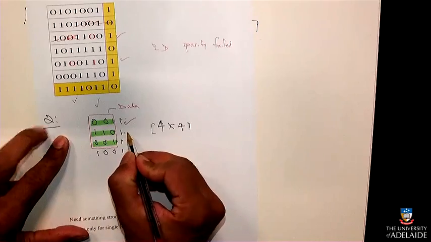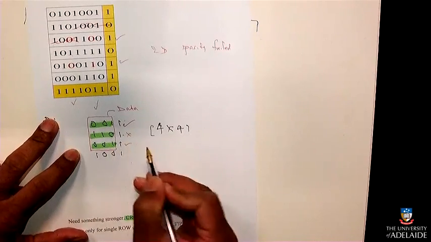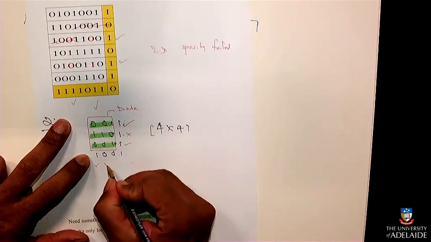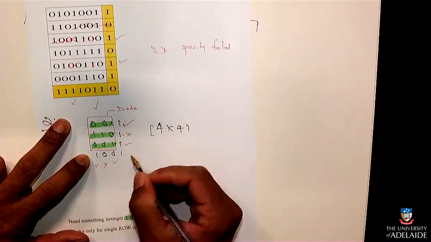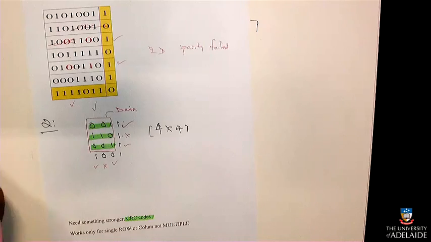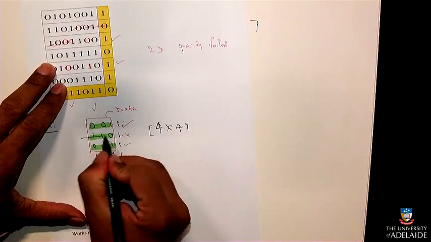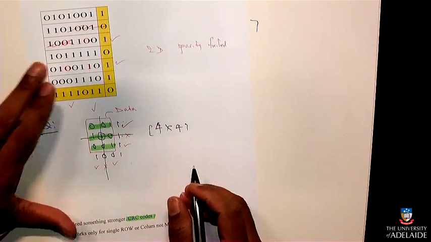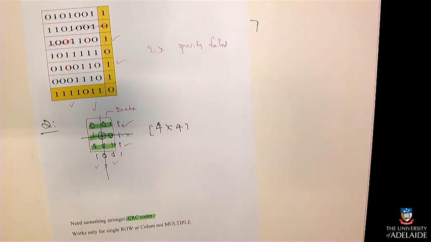Here, something is wrong. Here, even parity is okay. So that means my error must be here or here. So it's this one over there. So the correct answer is the one with that set to 0. So it's a single bit flip, and we're able to detect and correct it.